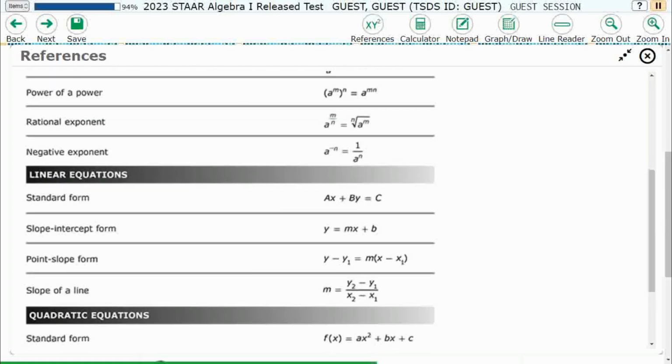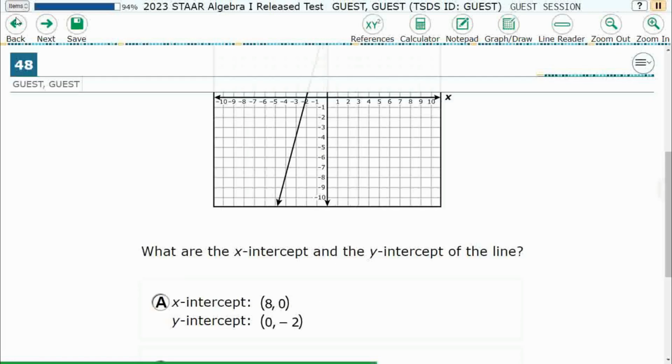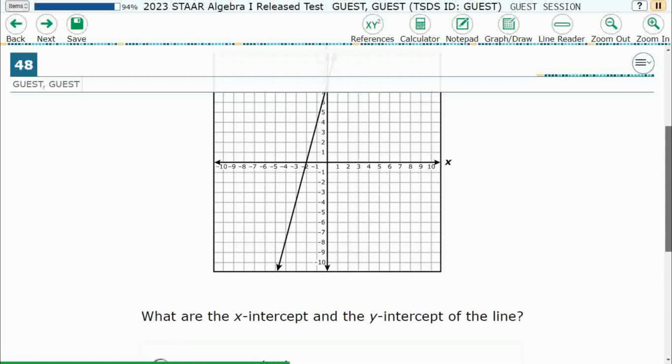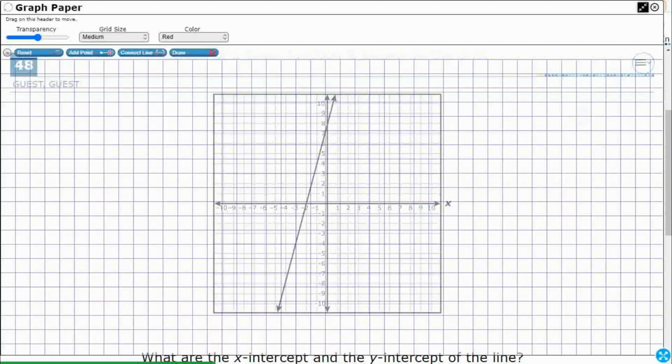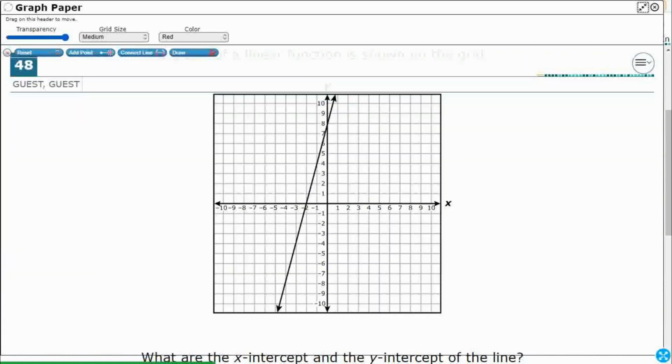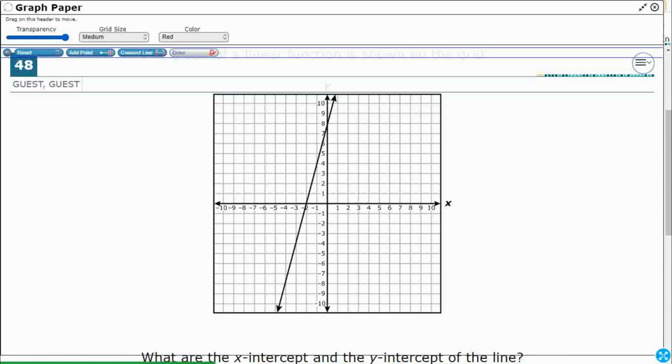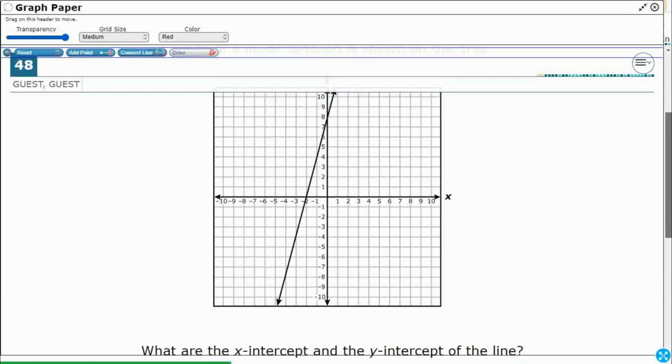So we need to know what those two terms mean before we come into the STAAR test. But there is probably enough context within the problem itself to make some educated guesses about what those two terms mean. So when we're thinking about the x-intercept and the y-intercept, what exactly are we talking about?